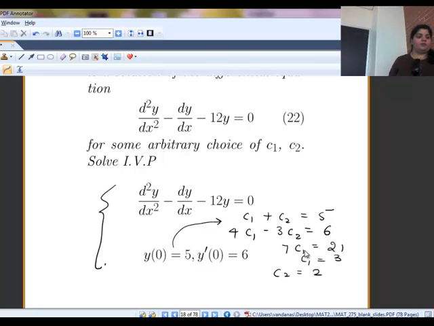Just quickly, if you do the computation, you will get here lambda squared minus 5 lambda plus 6, so you will get lambda to be 3 and 2. And the reason is, what is the double derivative of e to the lambda x?